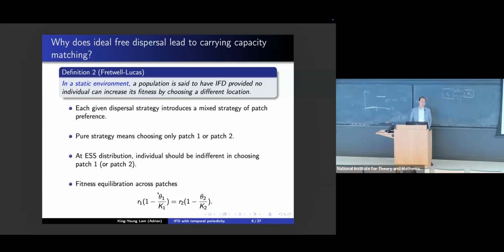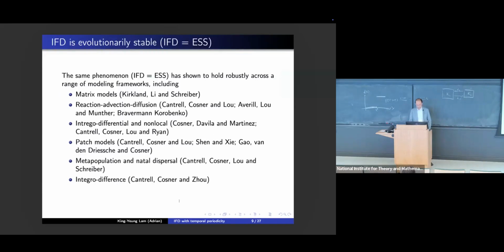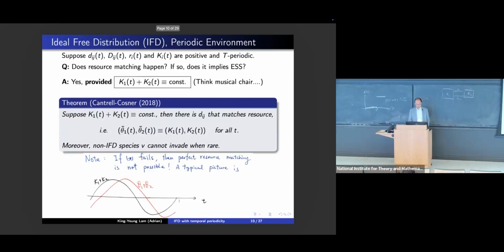Since the population is at equilibrium, there cannot be net growth or net decay, so both fitnesses have to be 0, and that leads to matching carrying capacity. The phenomenon that matching carrying capacity leads to a kind of non-invadable situation is not only proved in the 2-patch setting. It is proved in various modeling frameworks, and it's pretty robust.